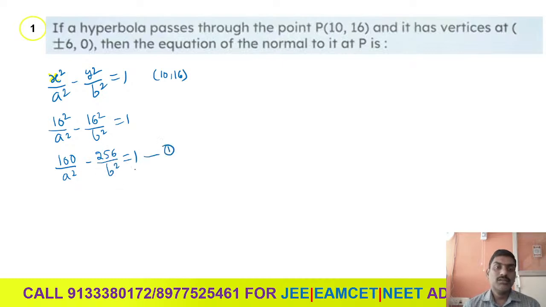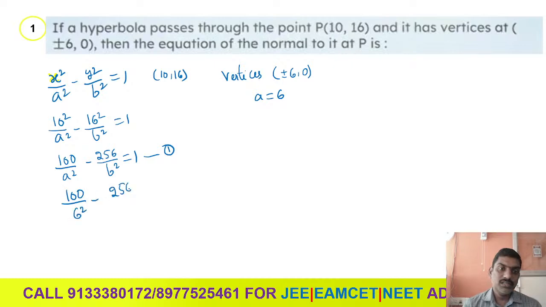Let it be. Next, what they have given is that it has vertices at plus or minus 6 comma 0. So the a value is 6. Substitute the a value here: 100 divided by 6 square minus 256 divided by b square is equal to 1.